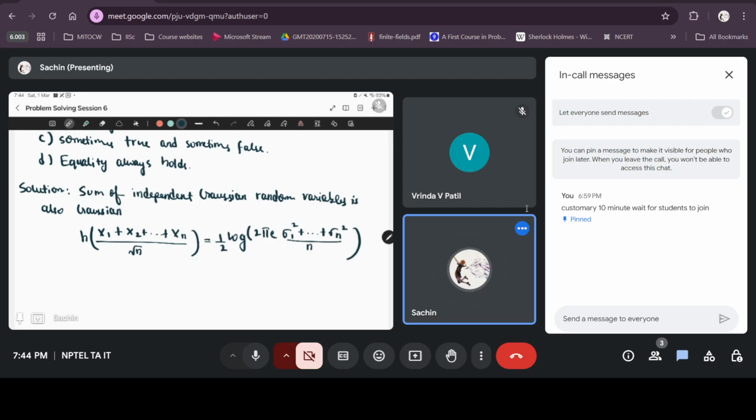That part comes from probability, and the details you'll have to work out yourself, finding the variance of a sum of independent random variables. And then the differential entropy should have been taught in class for a Gaussian random variable. It's half log of 2 pi e sigma square, where sigma square is the variance.